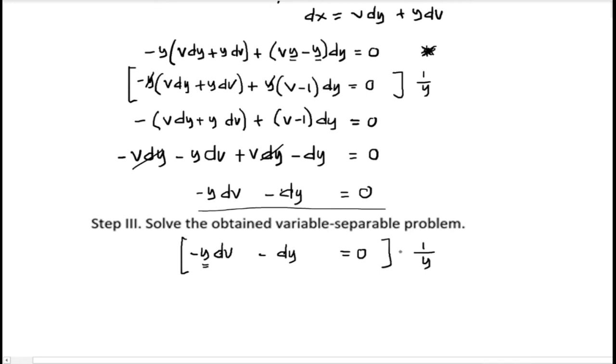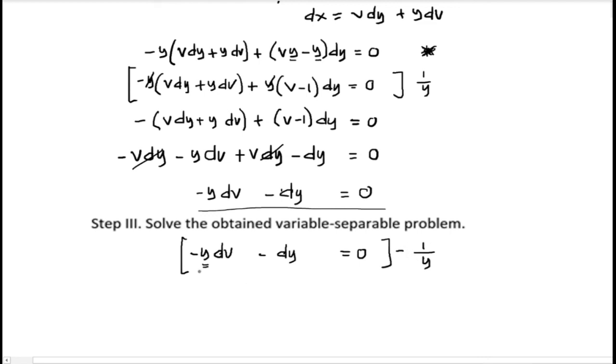So I'm going to multiply the whole equation by negative. But I have to emphasize that it is only my preference to multiply the equation by negative. You have the option to multiply the equation by positive 1 over y. But in my case, as I have mentioned, I have to multiply this by negative 1 over y.